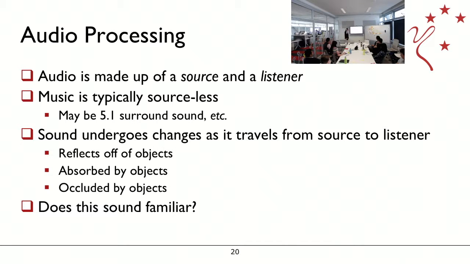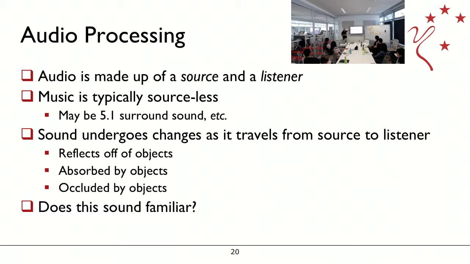The processing that we can do: audio is made up, very simply, of a source and a sink, or a source and a listener. So I have audio that's produced and audio that's consumed. You can say, if nobody's around, I'm still producing the audio, but there's nothing there to hear it. A microphone counts as a listener of some kind.